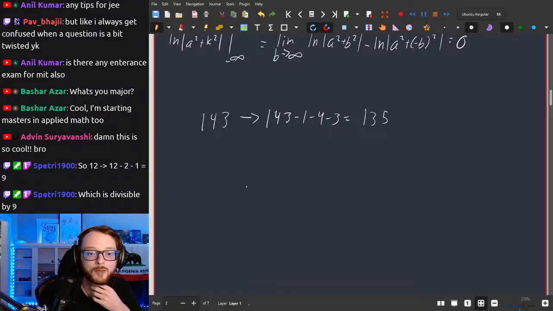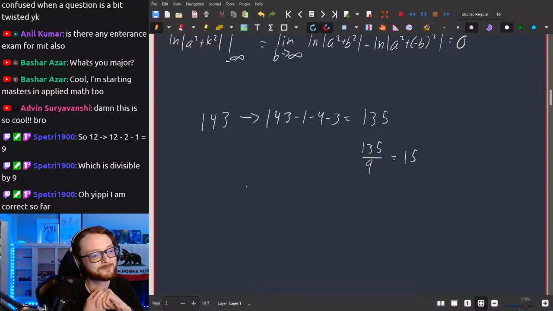That is divisible by 9. That's weird. I know 9 has some weird properties. Well, yeah, we've done 2 examples and it works, which means it must be true.